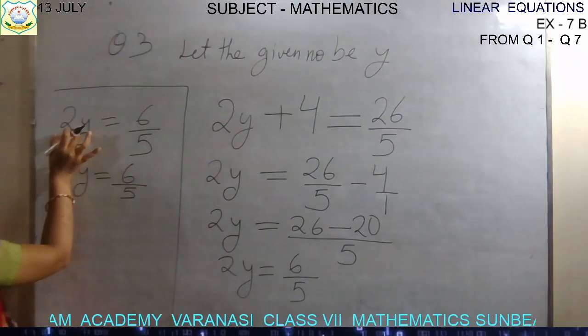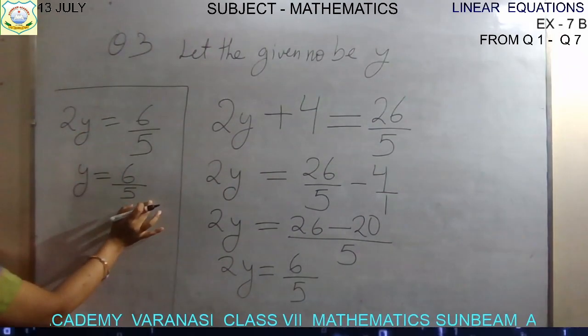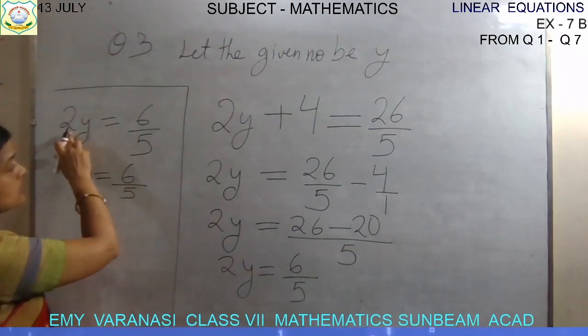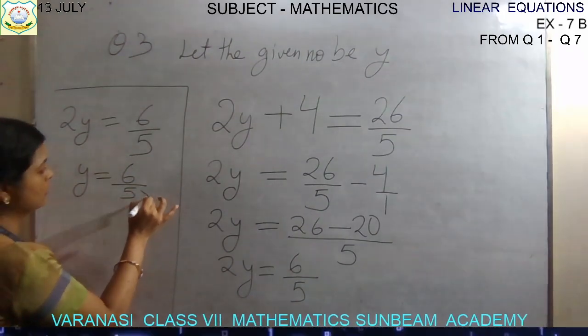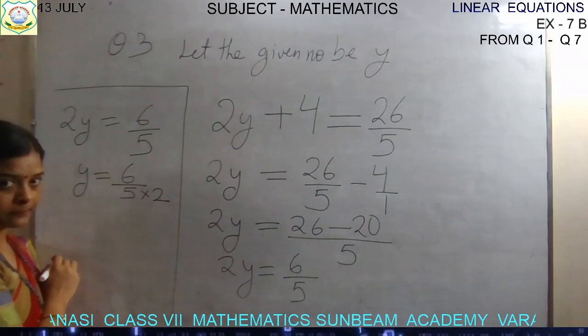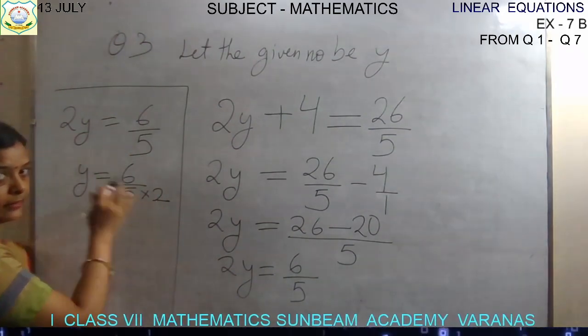When this 2 is transposed to the RHS, it is in multiplication, so it will go for division. Or you can simply understand that here it is in the numerator, so it will go to the denominator, so it will multiply with 5. Clear?